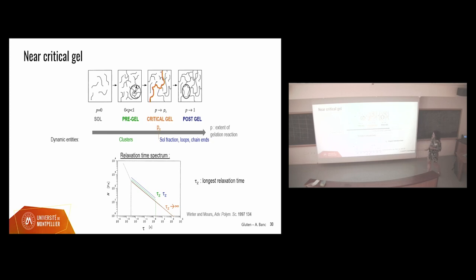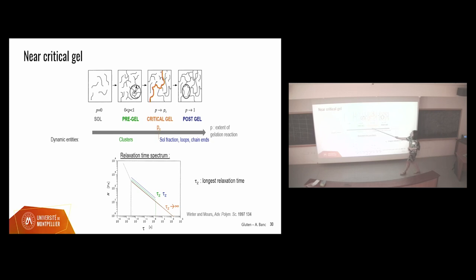If we look at the relaxation time spectrum of this kind of system, it's expected that we have a power law distribution of relaxation time. In the critical gel, in which the largest cluster is infinite, this distribution of relaxation time goes towards infinite value.